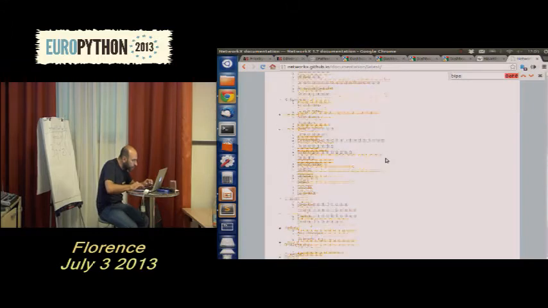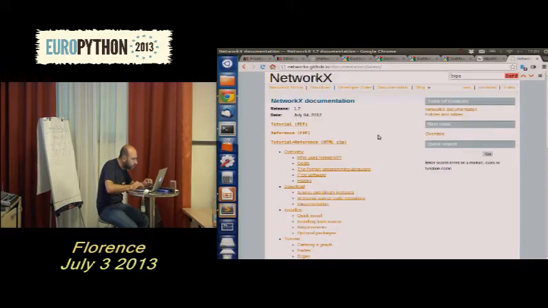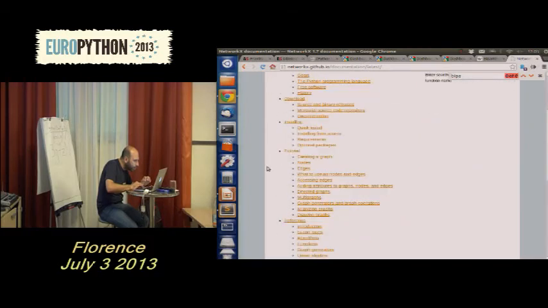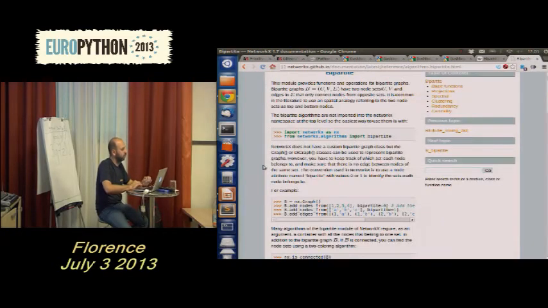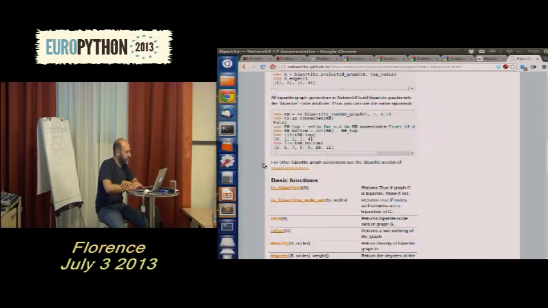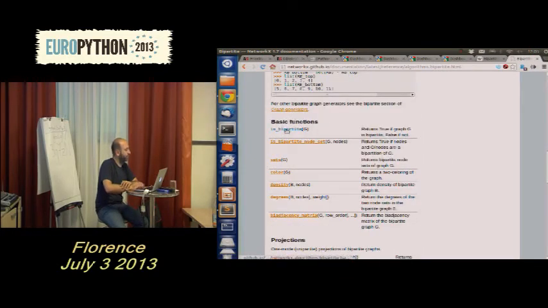It's in the reference. So they have a module, and they have this nice function that is just is_bipartite.